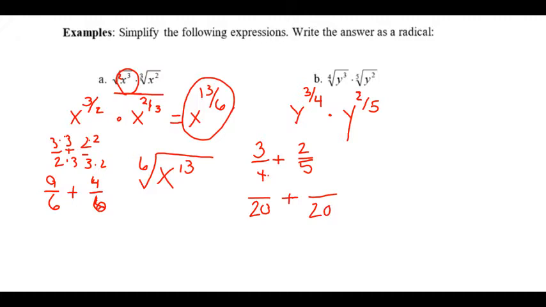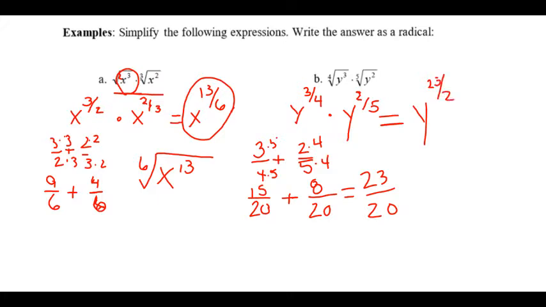So 4 times 5, so I'll do 3 times 5 will give me 15 on the top. 5 times 4, and I'll do 2 times 4, give me 8 here. So 15 plus 8 will give me 23 over 20. So this will equal, again, we add our exponents, so y to the 23rd over 20 power.